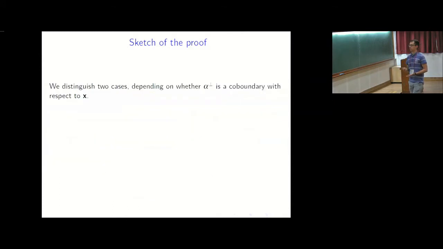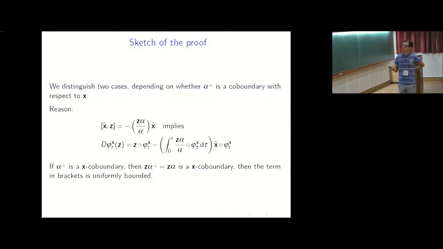So the proof is divided in two cases, depending on whether this component is a coboundary or not with respect to the generator of the Nilflow. And why do we do this? Well, because we want to use an argument of mixing via shearing. So I want to see that when I take a short segment in direction Z and I push it via the flow, this segment becomes sheared along the direction of my flow.